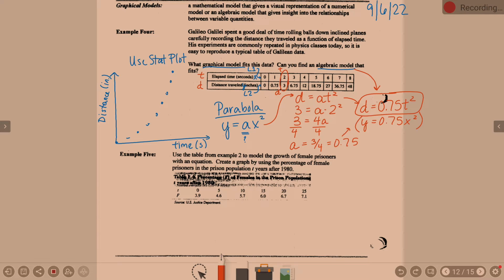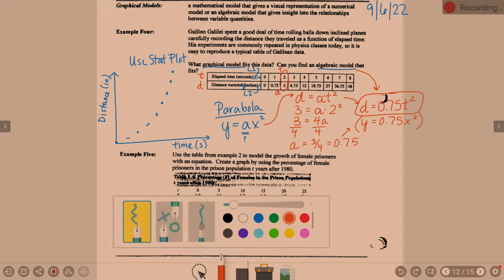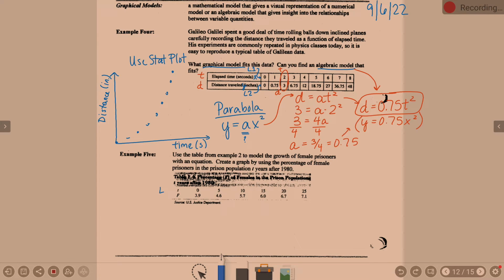Okay, so what do we need to do first? We need to put these values into the table, yes? Where do you want to put them? L1, L2? And here's what I'll say about that. Sounds like a great place to put them to me.